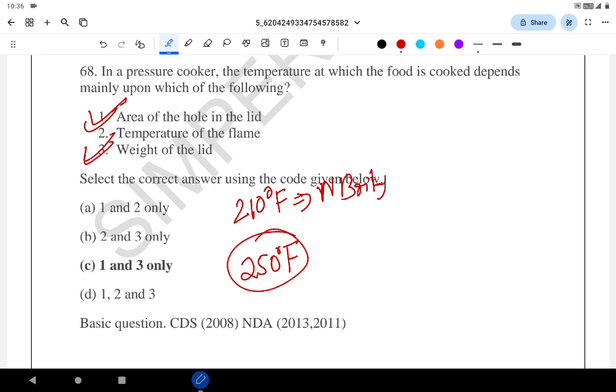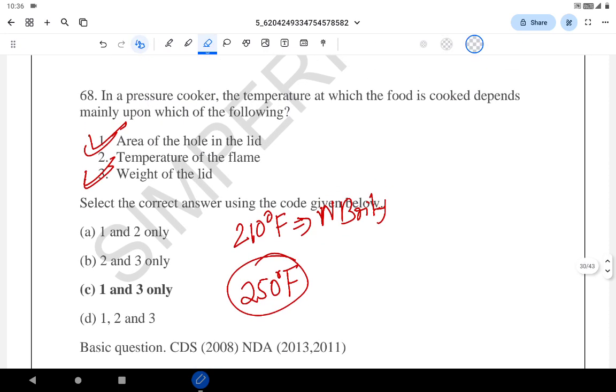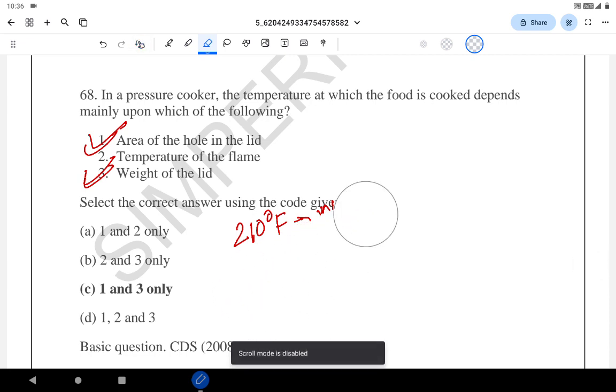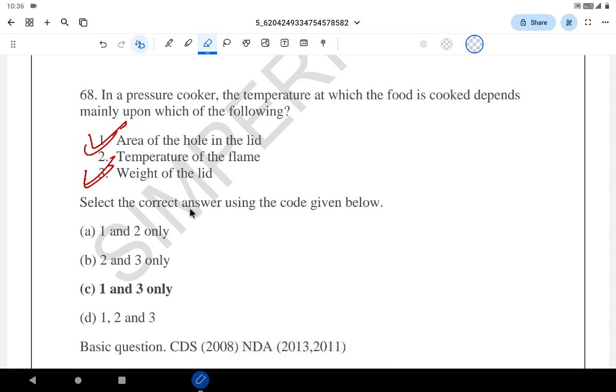See, why the pressure cooker? The simple question. Let me explain in a simpler way. Why is a pressure cooker known to cook fast? It is known to cook fast because the pressure doesn't escape from the pressure cooker.